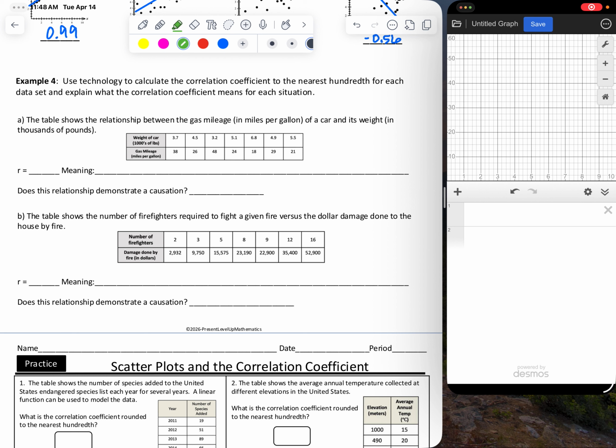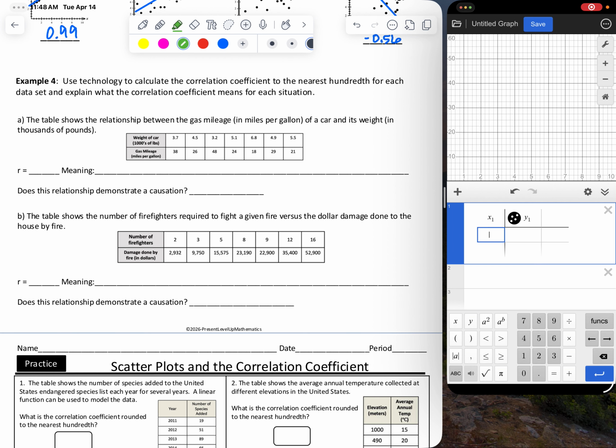All right, now, on Desmos, to make a scatter plot, you use this little plus symbol, and then you do the table.